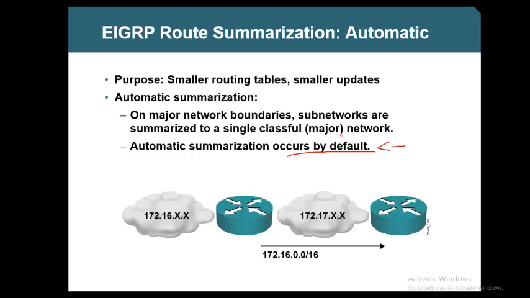Automatic summarization is nothing but rounding it to the major network prefix length. Prefix length means subnet mask length. The number of bits given for the network is what we call the prefix length.